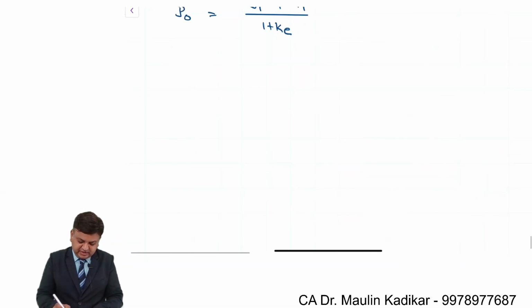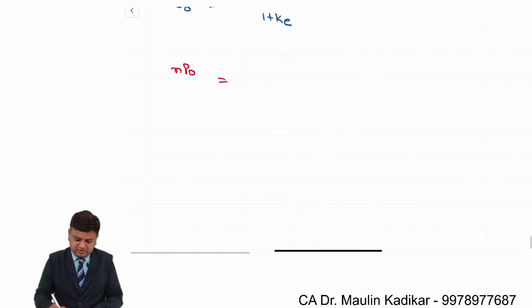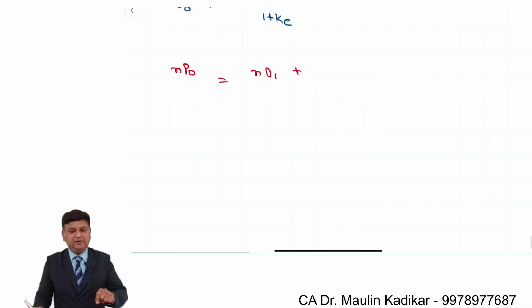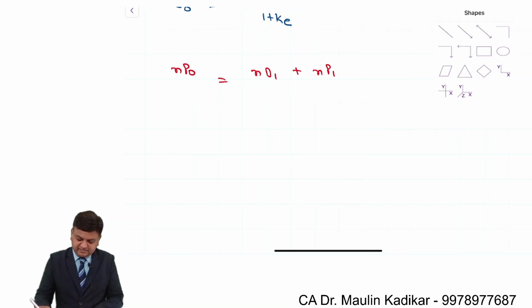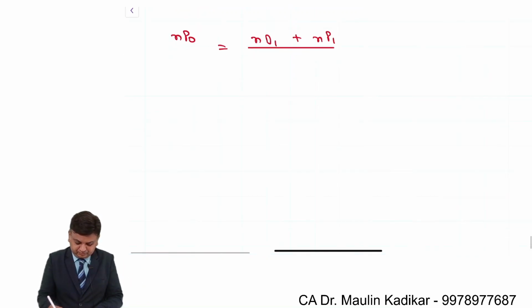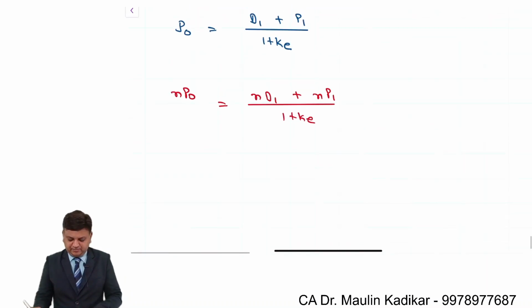Then nP0, the current value of the firm, is equal to nD1, the dividend paid to the existing shareholders at the end of the year, plus nP1, the value of the existing shares at the end of the year, divided by 1 plus K. This is for the entire firm.